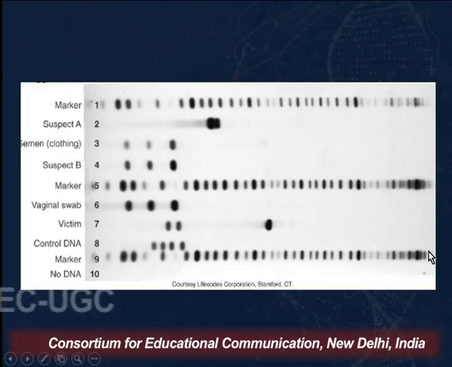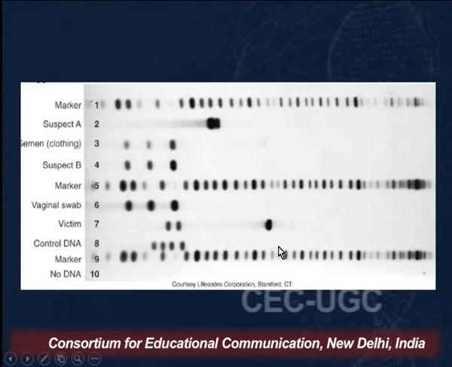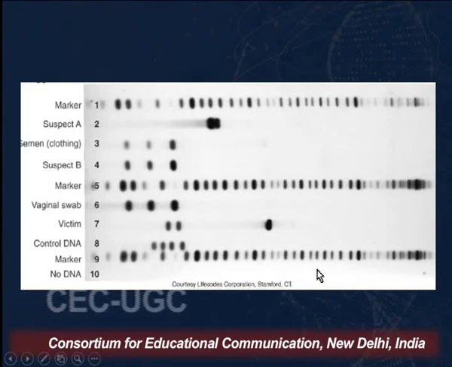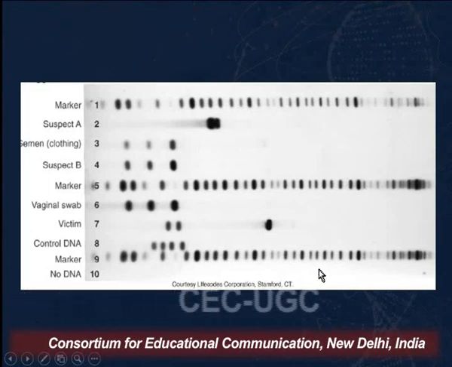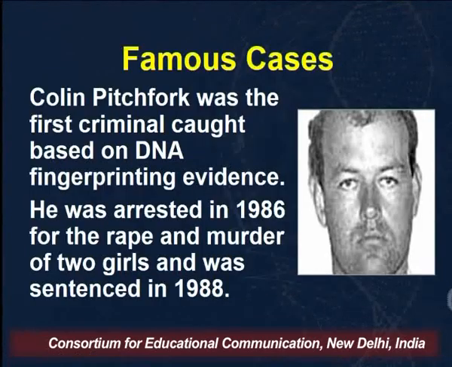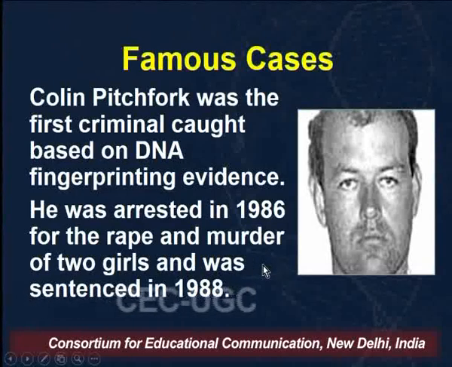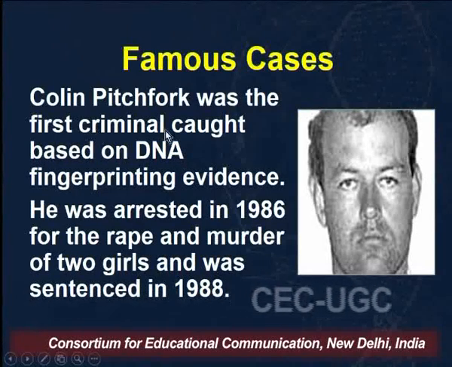Secondly, there are many lab difficulties that occur, because you need to have very pure DNA. If the DNA is very mixed, then the identification of the pattern can be ambiguous, and again it can give rise to some false results. So some of the famous cases, for example, this is Colin Pitchfork.